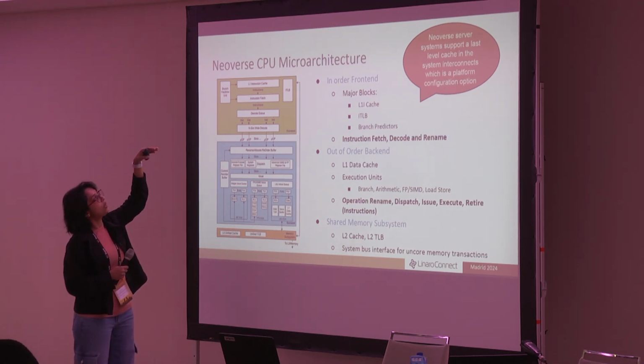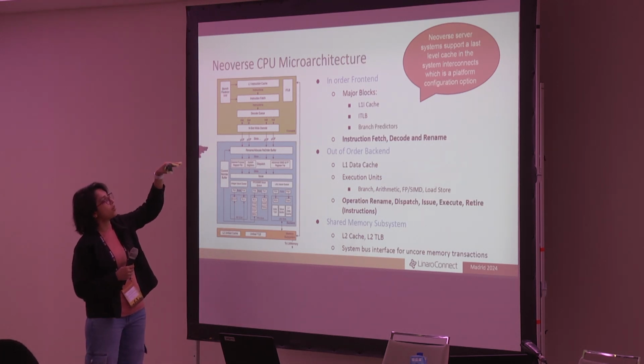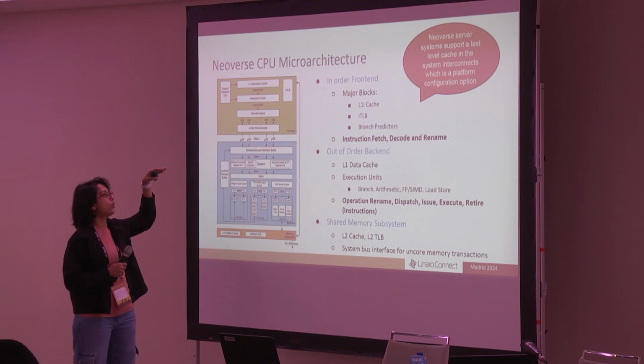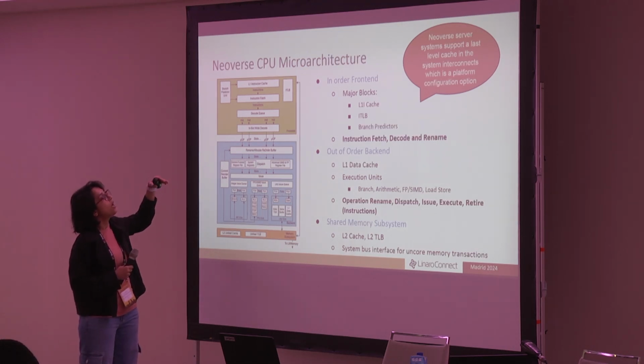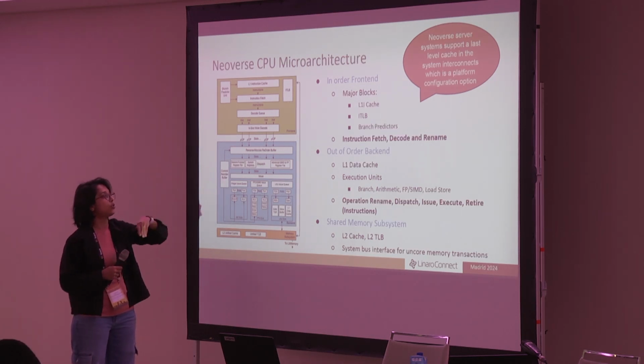Then you have the decode, like we discussed. The decode unit breaks down those instructions into micro-ops that the backend can execute. And the backend, from an out-of-order perspective, has units like the reorder buffer or rename, which really helps with out-of-order execution. Then the dispatch unit and the issue unit help with issuing the operations to the respective execution engines.